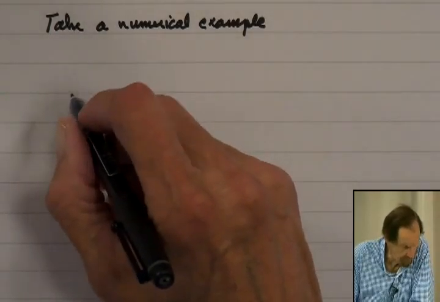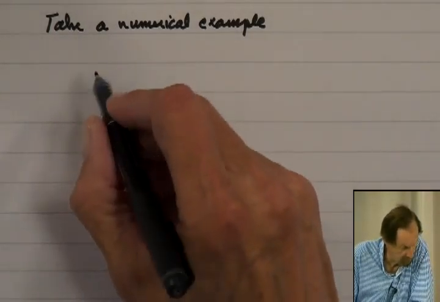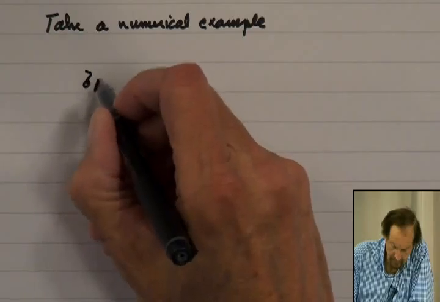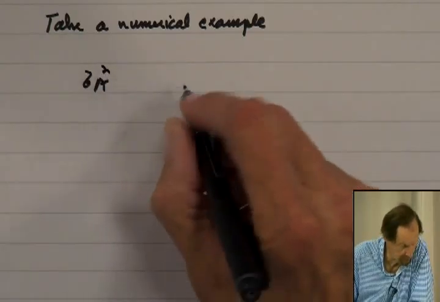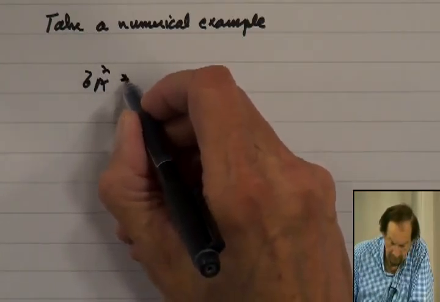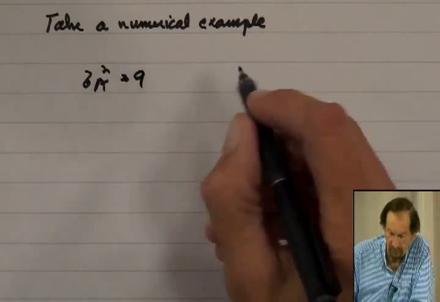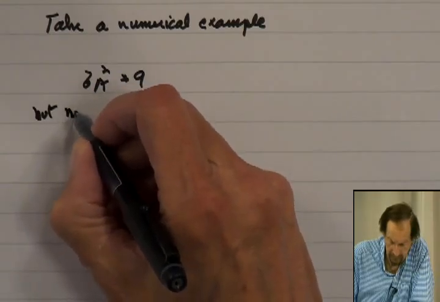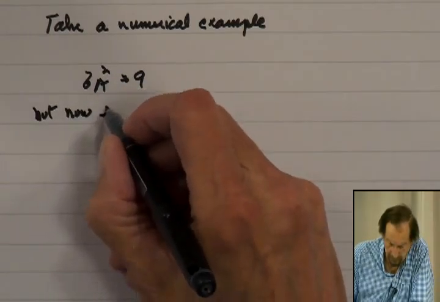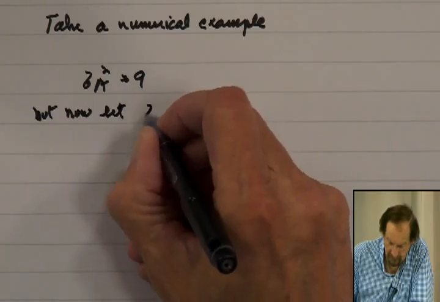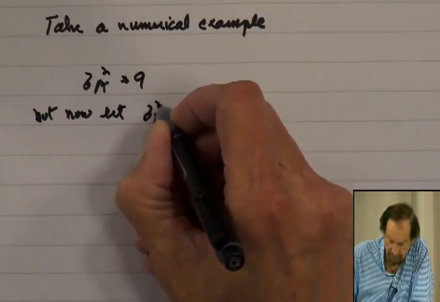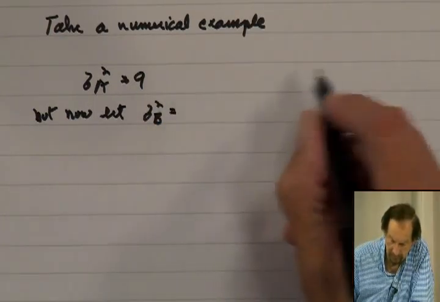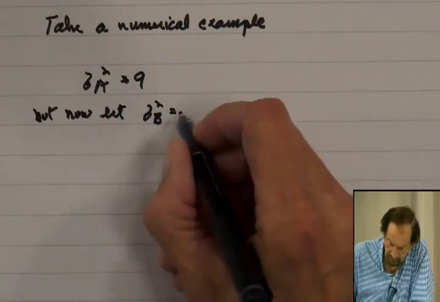Let's take one, let's do sigma A squared equals 9, as before. But now let sigma B squared equal 9.